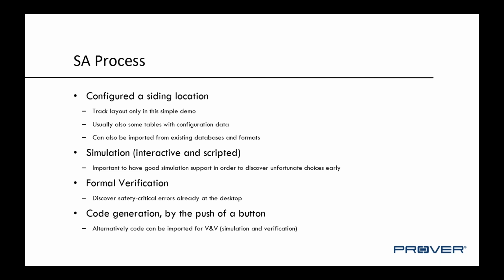Code generation is just a push of a button, basically taking the instantiated requirements and turning them into some format that can be used for compilation to run the application in a real system. If you do not want to generate code, you can of course also use the simulation and verification to verify and test your existing code. If you want to use another process for developing the code, then Prover supports that as well, to import code instead.